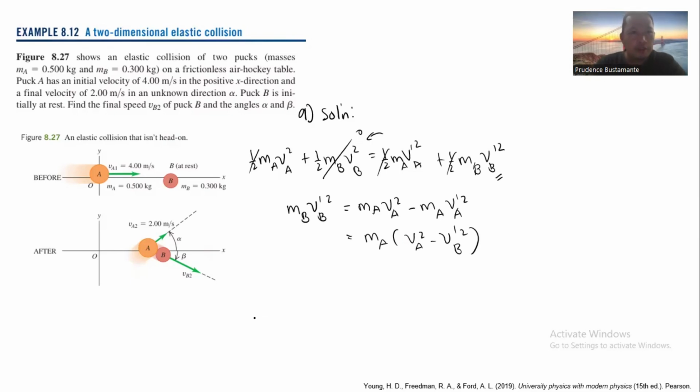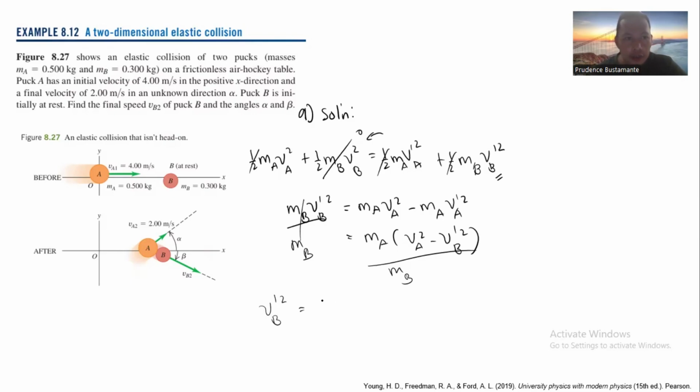Okay, we're going to multiply both sides by the mass of B, so we cancel.